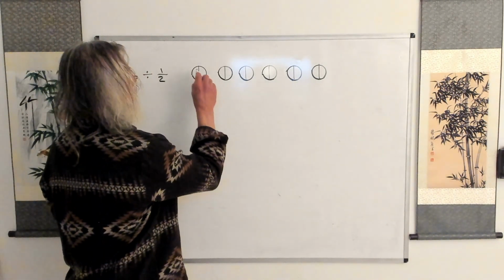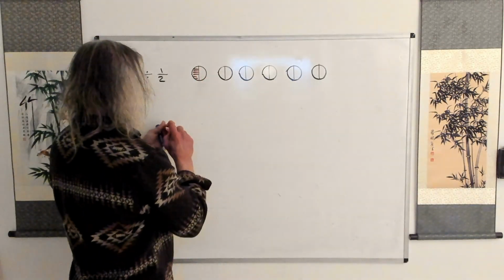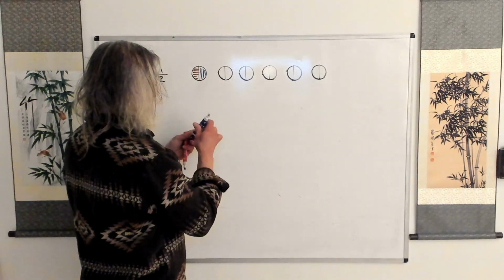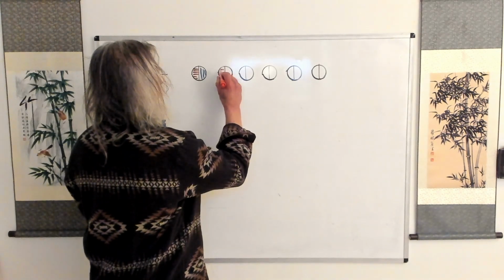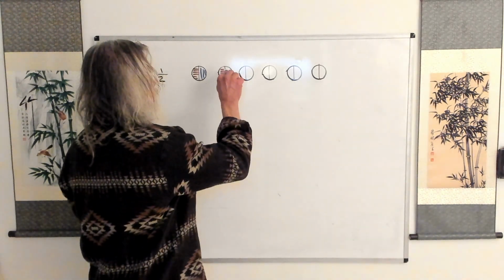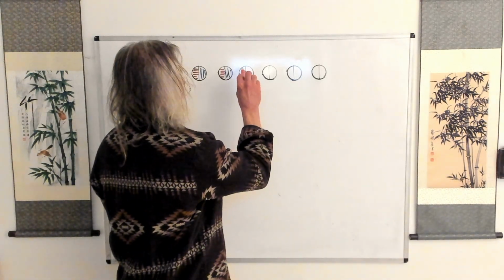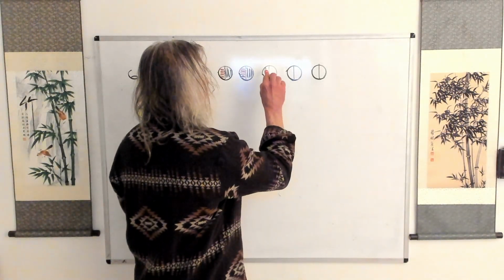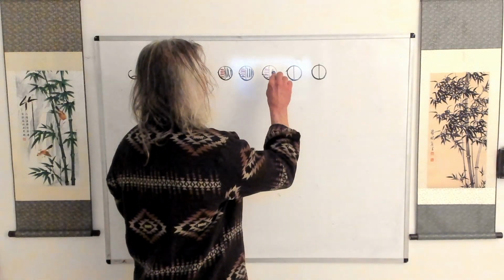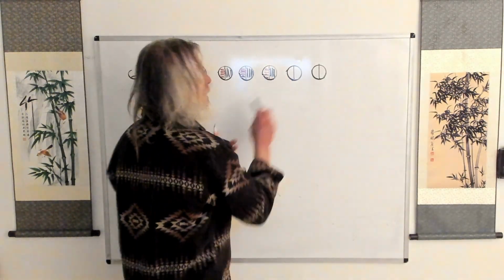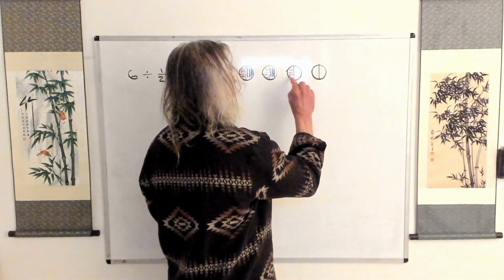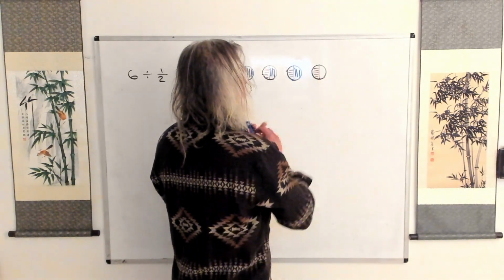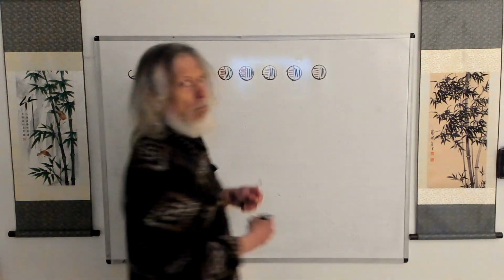So we'd have 1, 2, 5, 6, 7, 8, 9, 10, 11, 12.